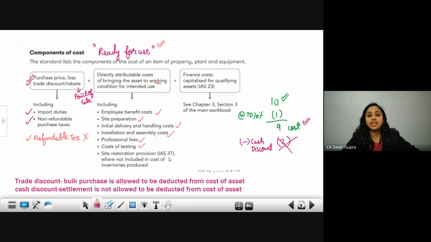But since this obligation is known at the beginning of the project itself, this is a cost that will be incurred 2 years later, but at the start of the project itself, you know that you have to incur a cost. For example, to dismantle the oil drilling machine, petroleum extraction machine, it will take 50,000 rupees. For example, to remove all those temporary tents around the building, it will take 1 lakh rupees. This is a cost that will be incurred 2 years later at the end of the project, but this is known today itself.